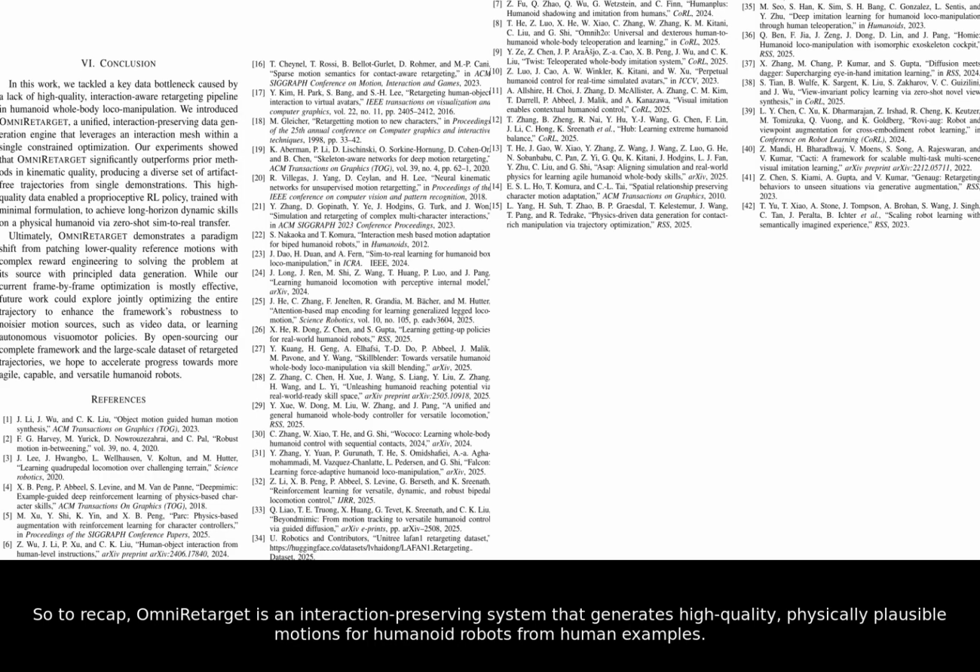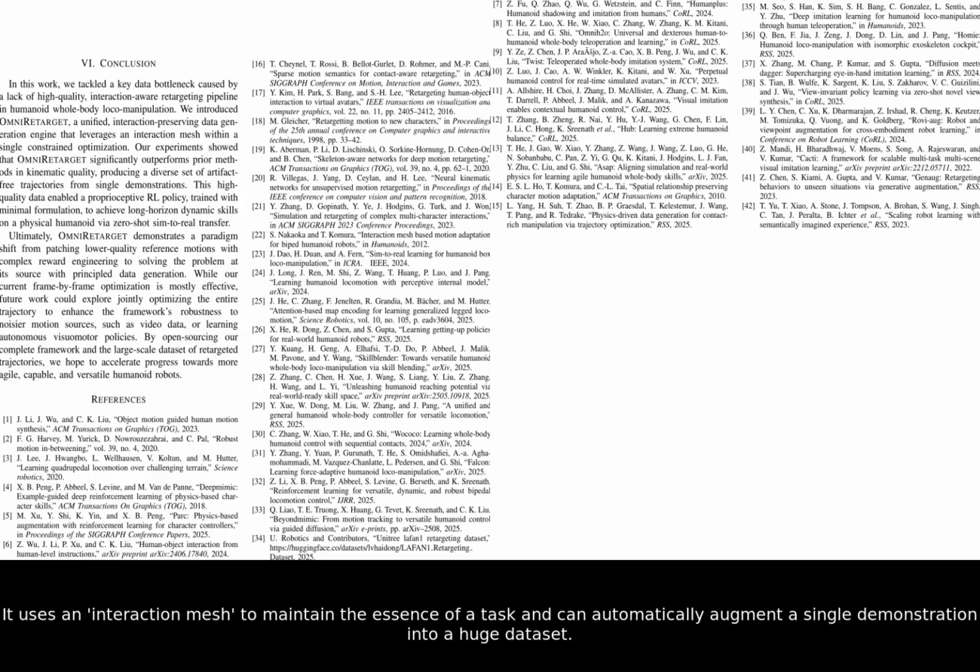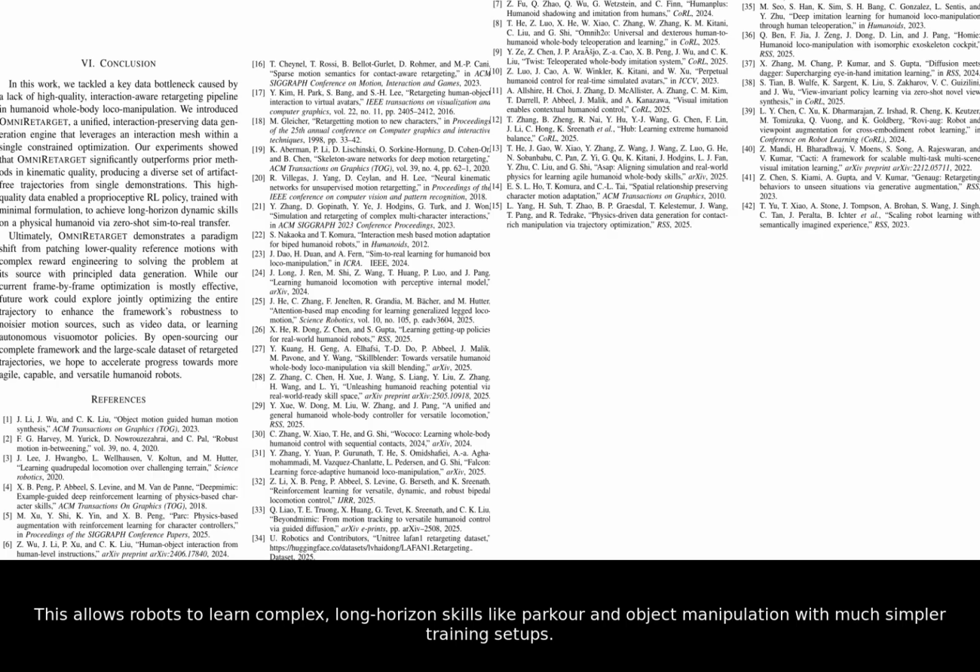So to recap, OmniRetarget is an interaction-preserving system that generates high-quality, physically plausible motions for humanoid robots from human examples. It uses an interaction mesh to maintain the essence of a task and can automatically augment a single demonstration into a huge dataset. This allows robots to learn complex, long-horizon skills like parkour and object manipulation with much simpler training setups.